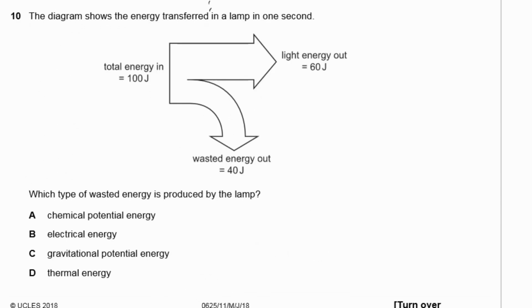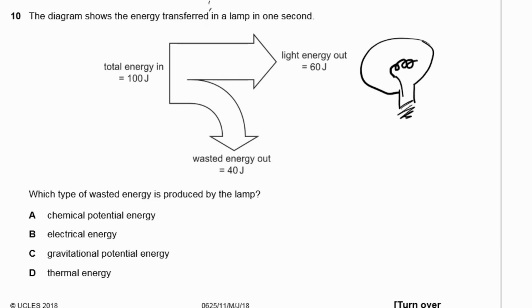Question 10. The diagram shows the energy transferred in a lamp in 1 second. Which type of wasted energy is produced by the lamp? So we've got energy in, light energy out, and mysterious wasted energy. Well, what happens when we have a lamp? Let's take our basic lamp. It's not a pretty lamp. It's a basic lamp. What do we have?